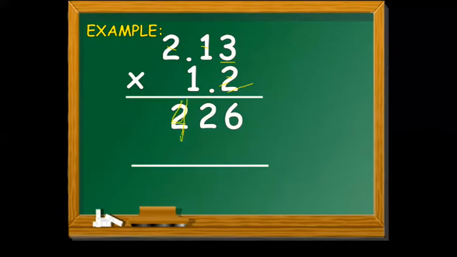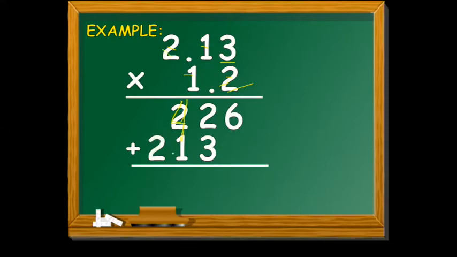And then the other one, just multiply the other number. We have 1 times 3, we have 3. And then the next one, we have 1 times 1, we have 1. And then the other one, we have 1 times 2 equals 2.